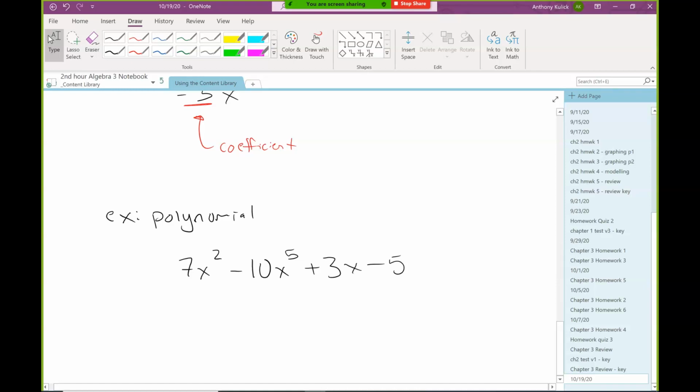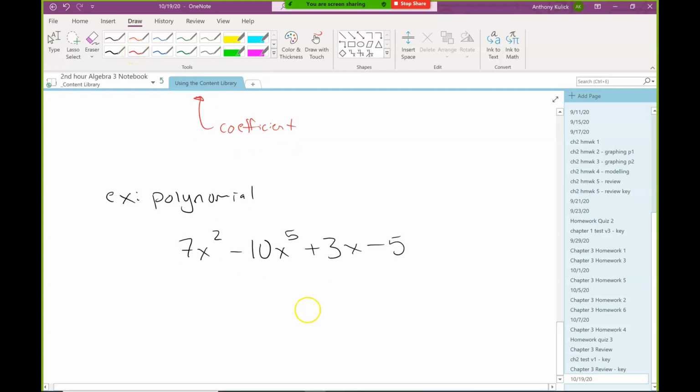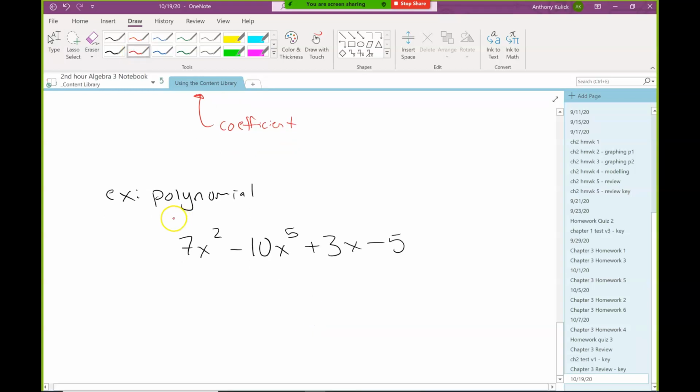Agreed, right? Each one of these things is a monomial that is being added or subtracted. Everybody agree? Okay. So the first thing is we want to talk about how many monomials do we have here? 4, right? Each one of these monomials we call a term.